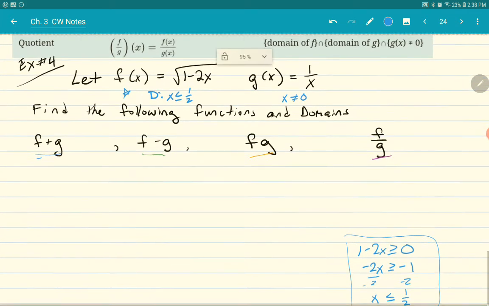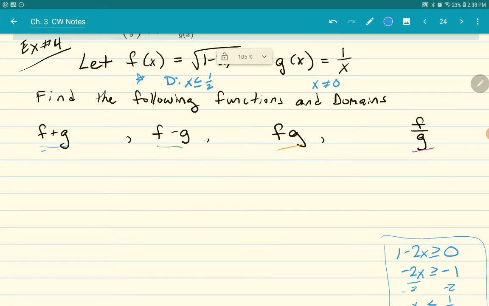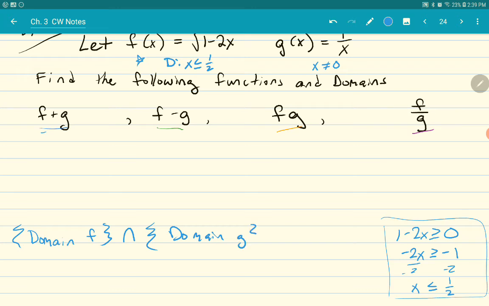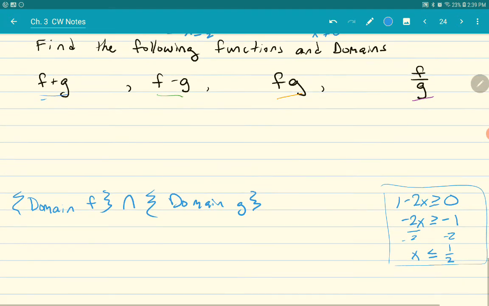Before I even get into these functions, the challenging part of this one is finding those domains. So the domain of f intersection the domain of g, which is x can't be equal to 0. I like to think about it on a number line.